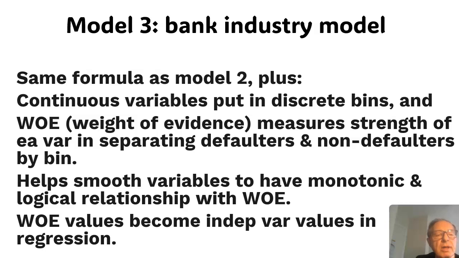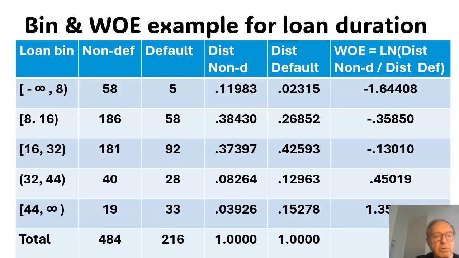I'm going to put my continuous variables into discrete bins, and I'm going to calculate a new variable called weight of evidence, WOE, which measures the strength of each variable in separating the defaulters from the non-defaulters by bin. This helps smooth the variables to have a monotonic and logical relationship with WOE, and these WOE values become the independent variables in the regression.